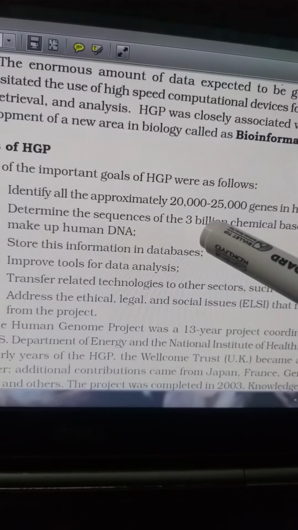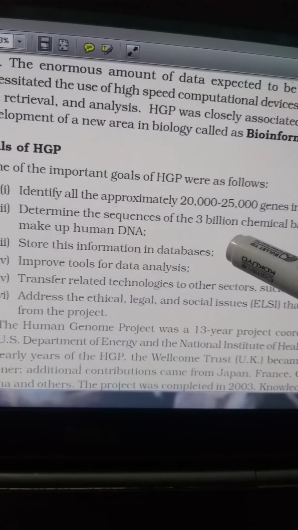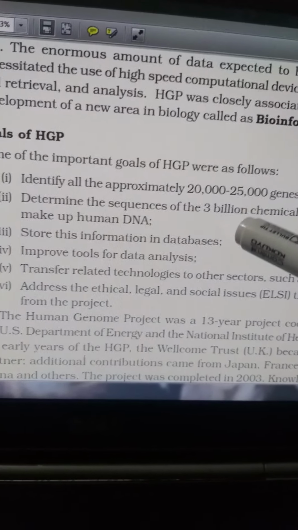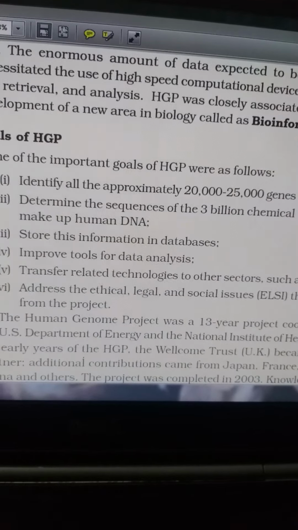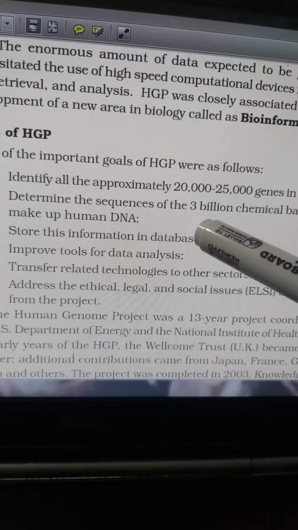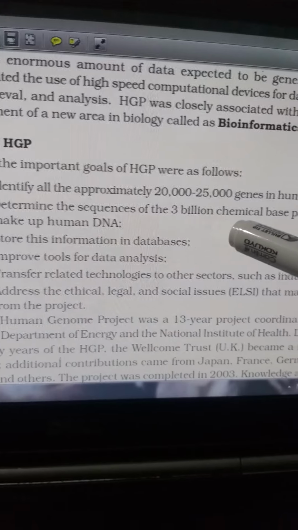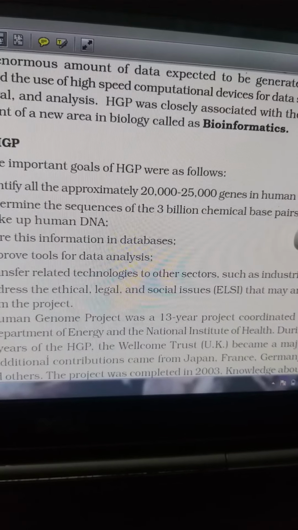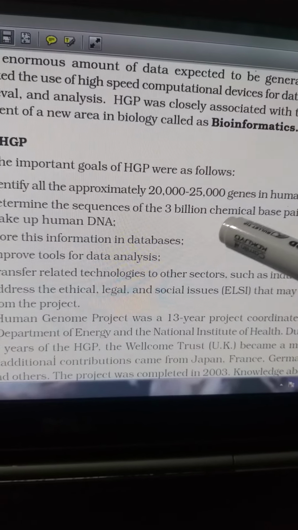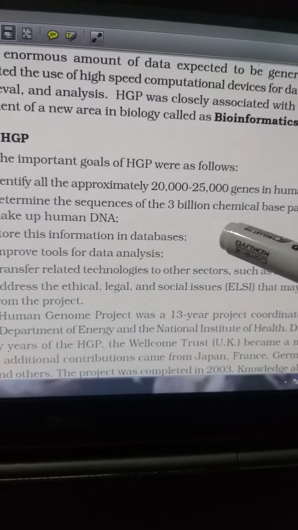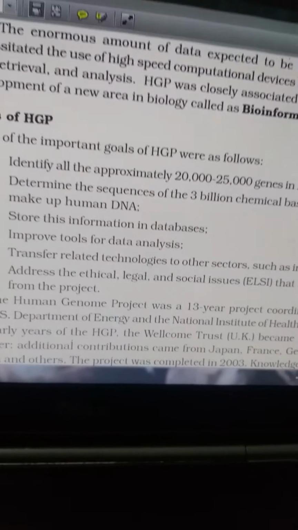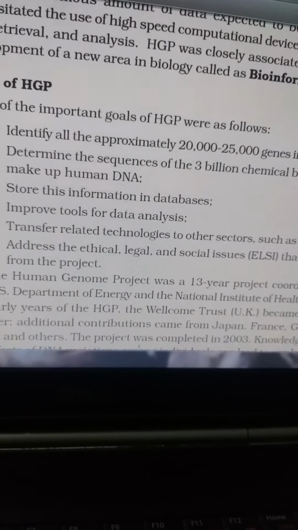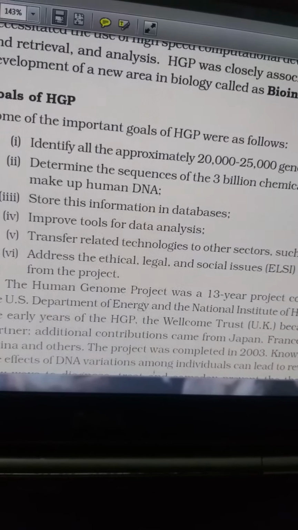So from genetic DNA isolation and analysis, you can easily find out where that particular person belongs to. Determining the sequence, we have 3 billion chemical base pairs. See, 3 into 10 to the power 9, so that is 3 billion chemical base pairs, and if you combine them in various sequences, the combinations are immense.